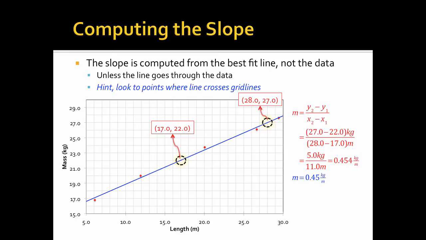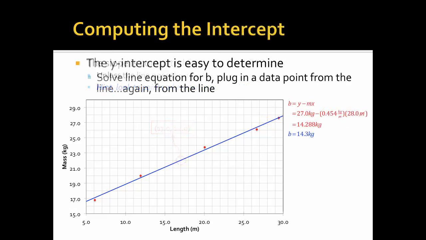With this value in hand, I can now find the intercept by rearranging the equation for a line, b is equal to y minus mx, choosing any data point I want. I think this is the most accurate one, so I'm going to choose this guy right here, the 28-27 data point. I think that's the most accurate crossing of the grid lines, and I'm just going to plug those in along with my slope.